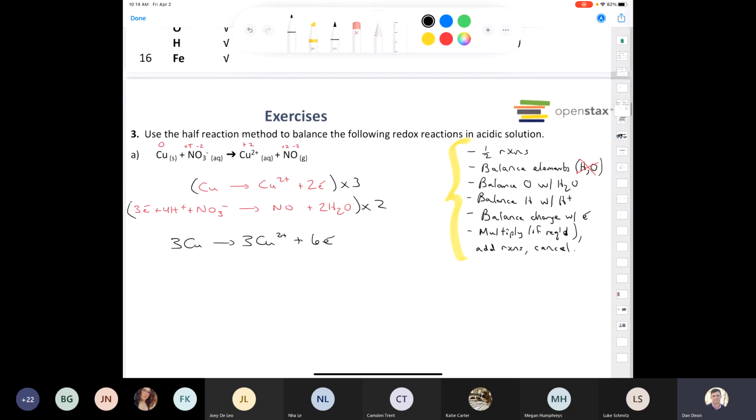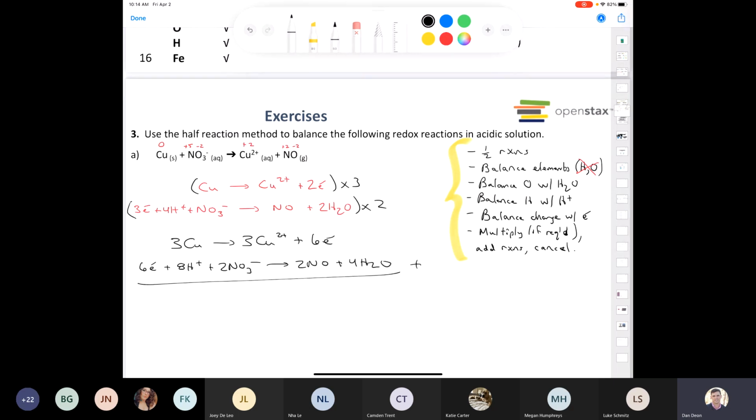My other equation is going to be 6 electrons plus 8 protons plus 2 nitrate ions produces 2 NO plus 4 H2O.